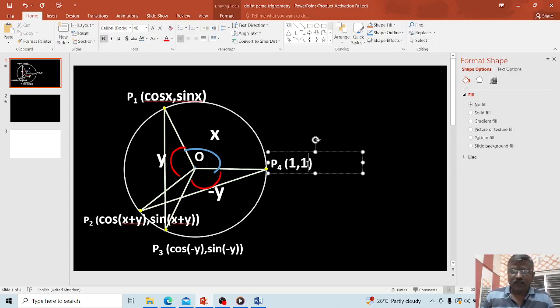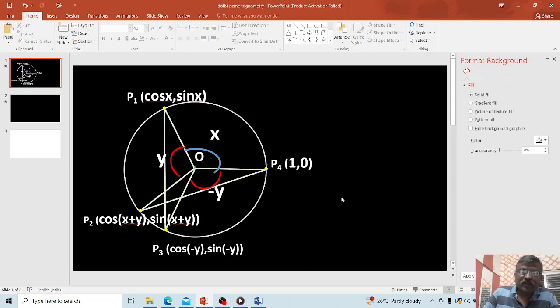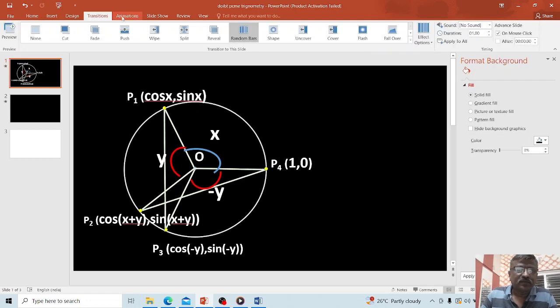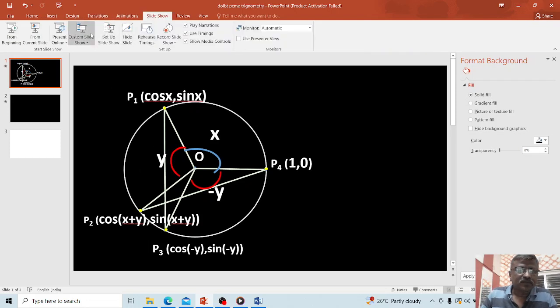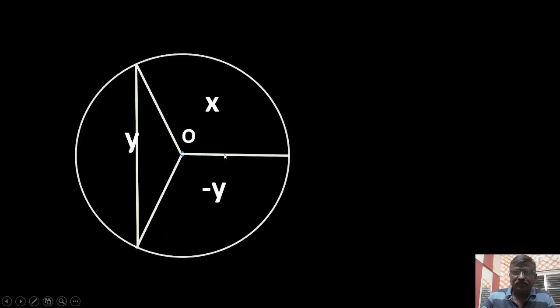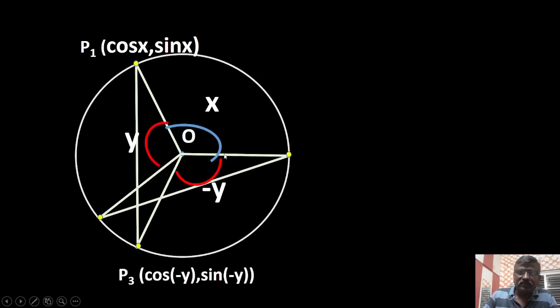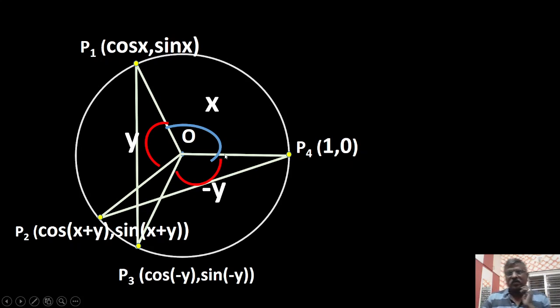The x coordinate is 1 and the y coordinate is 0. So we have 1, 0 there.